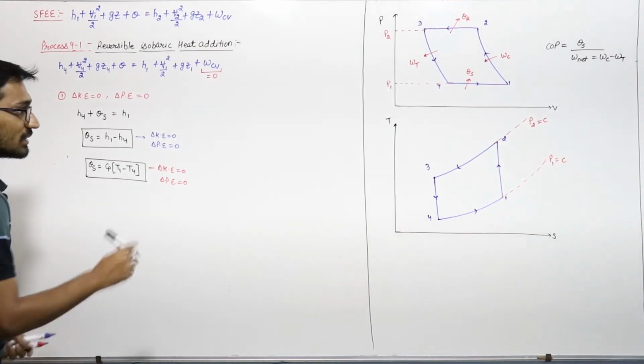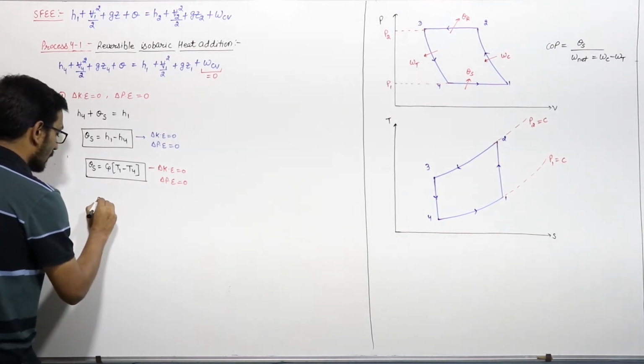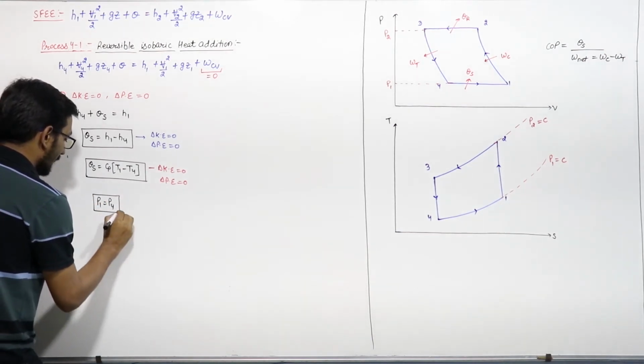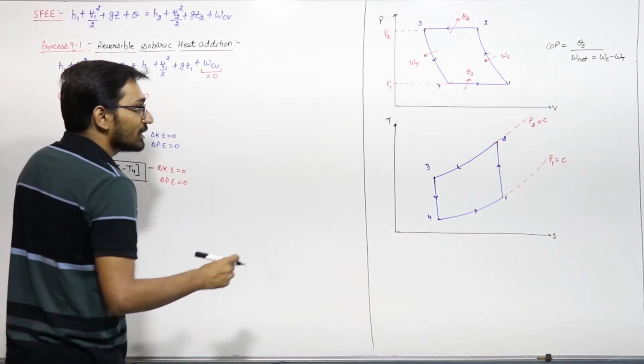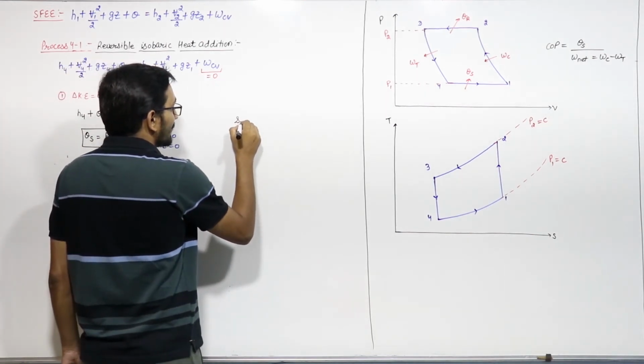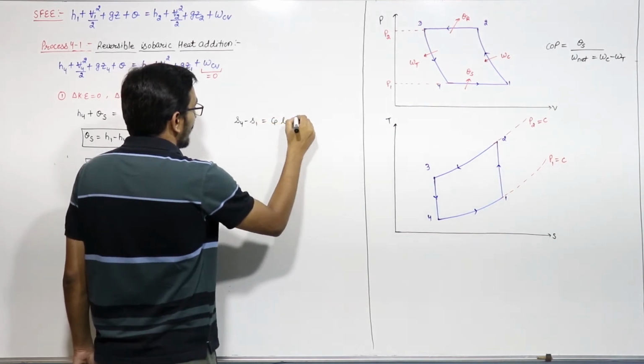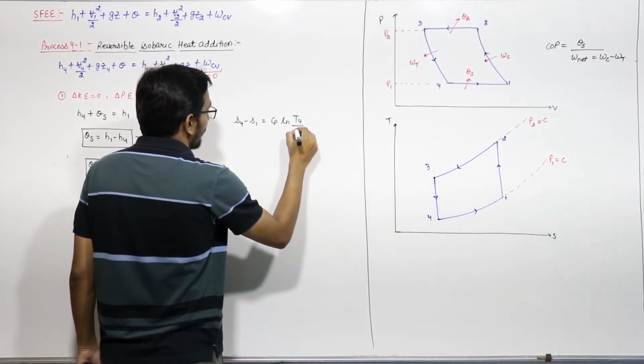Now in this process, this is a constant pressure, so P1 is equal to P4, right? And also you know that if I write S4 minus S1, this will be equal to Cp ln T4 by T1.